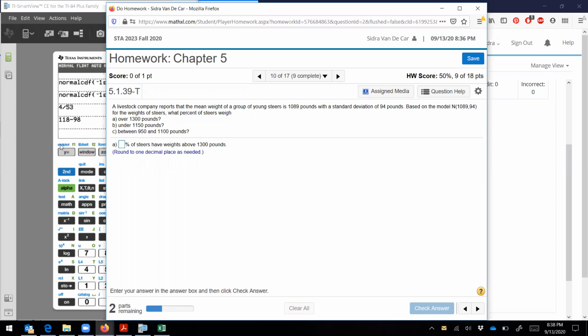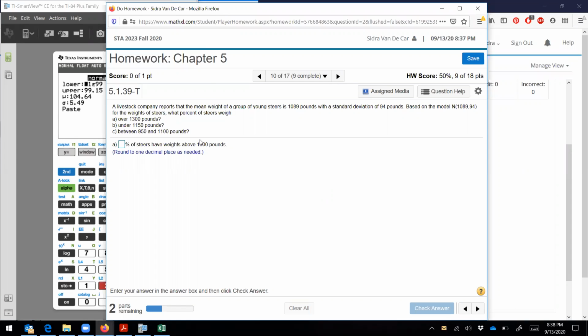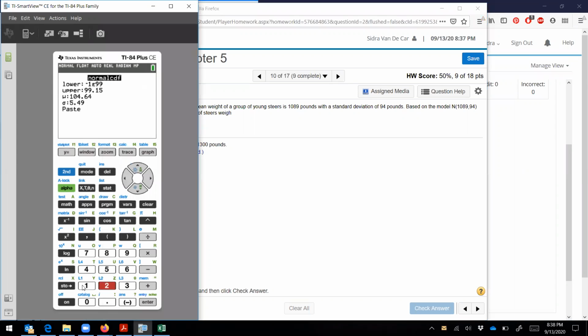Okay, so I can write out my Z-score, or we said we can just go straight to second distribution and use the normal CDF. We're doing over 1,300, so 1,300 should be the lower value. I want to go up to infinity, so I'm just going to do a whole bunch of 9s here.